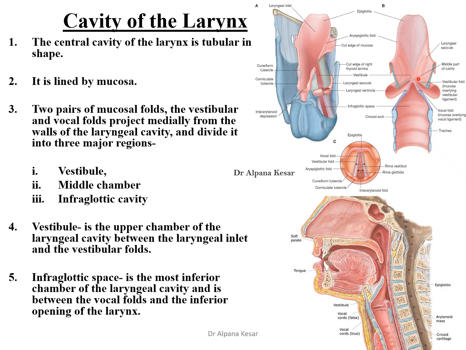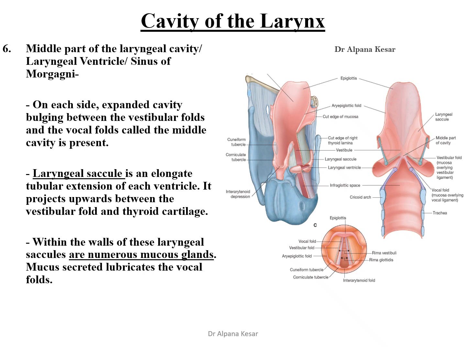The vestibule is the upper chamber which is present between the inlet of larynx and the vestibular folds. The infraglottic space is the lower chamber of the laryngeal cavity, which is present between the vocal folds and the inferior margin of the larynx.